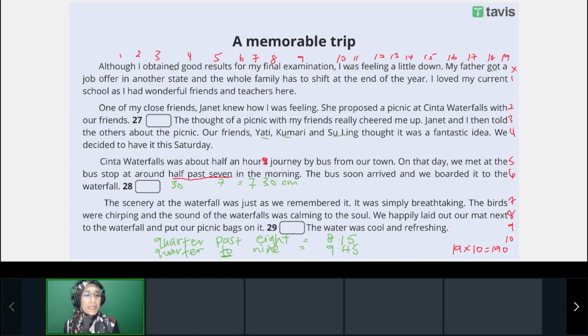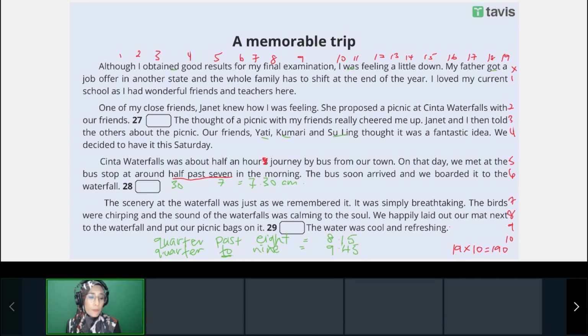And she's just reminiscing, remembering the good time that she had with her closest friends. Now we know that they went to Chinta Waterfalls on a Saturday morning at 7:30, and they went on a bus.